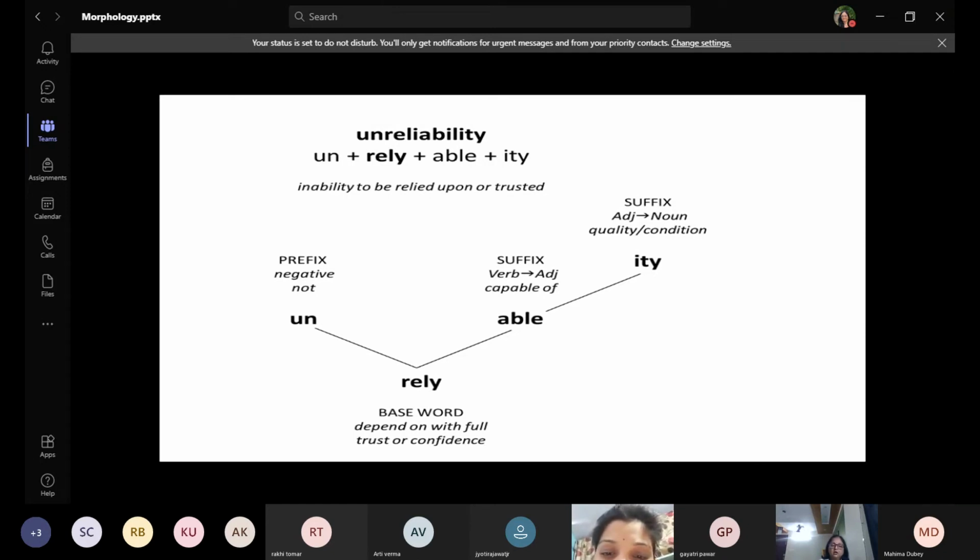Verb. अब इस वर्ब को आप एडजेक्टिव कैसे बना सकते हैं? एक सफिक्स आप ऐड कर देते हैं able and it becomes reliable. Y को रिप्लेस कर दिया है I से. तो जो ये रूट वर्ड था rely, जो रूट मॉर्फीम था, एक मॉर्फीम है ये जिसका मीनिंग है. इसमें आपने able ऐड कर दिया suffix.